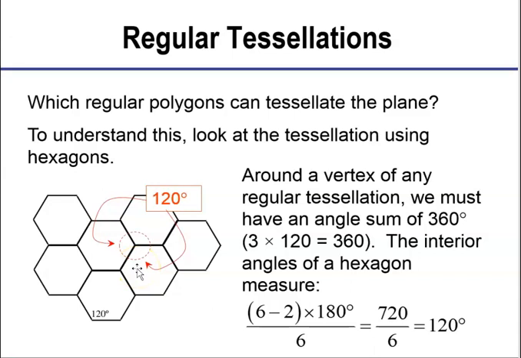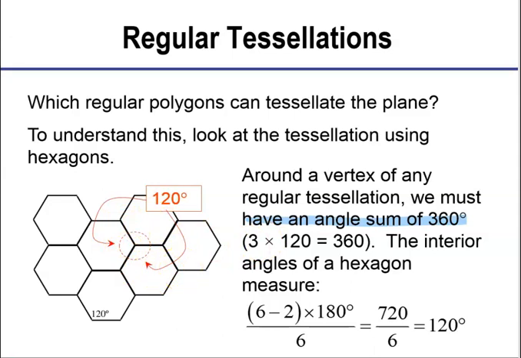As you can imagine, that might be a problem. Around a vertex of any regular tessellation, we must have an angle sum of 360 degrees. So this is important. 3 times 120, which is what's happening for our particular tessellation, is 360.